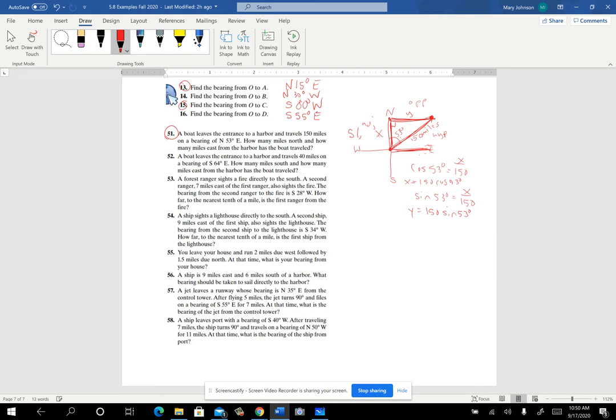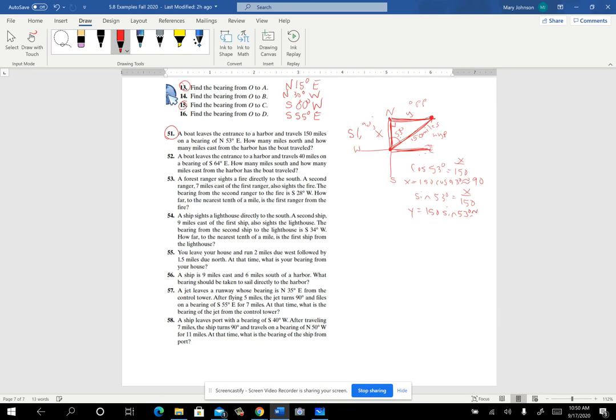All right, so let's do each of those real quick. Cosine 53. And it says, how many miles north? They didn't say how to round on that. So why don't we just round to the nearest whole? So this would be about 90 if I rounded to the nearest whole number.